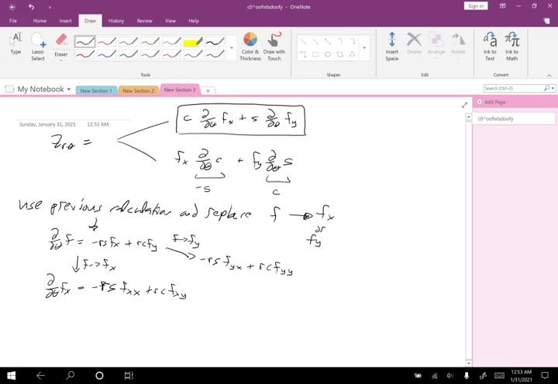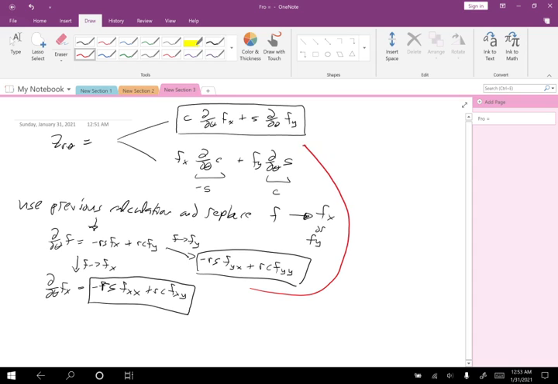Okay? So what I will do is just plug these two expressions into what I want to compute, which is up here. Okay, so now we will have 4 terms to think about. So c is multiplying this bottom box here. So minus r s f_xx plus r c f_xy. And then we'll have an s term too.